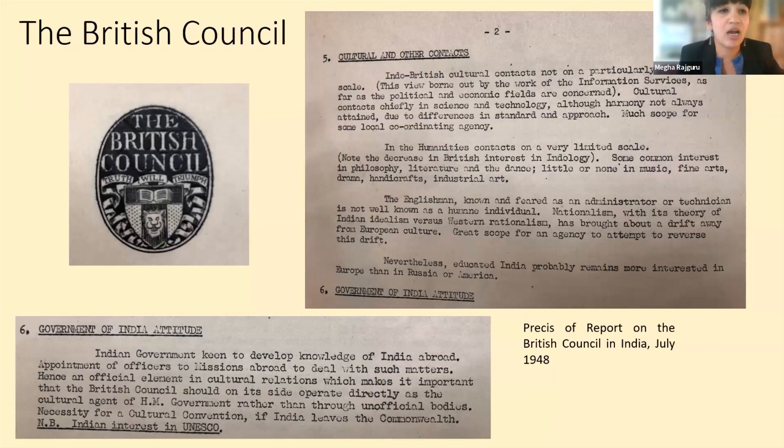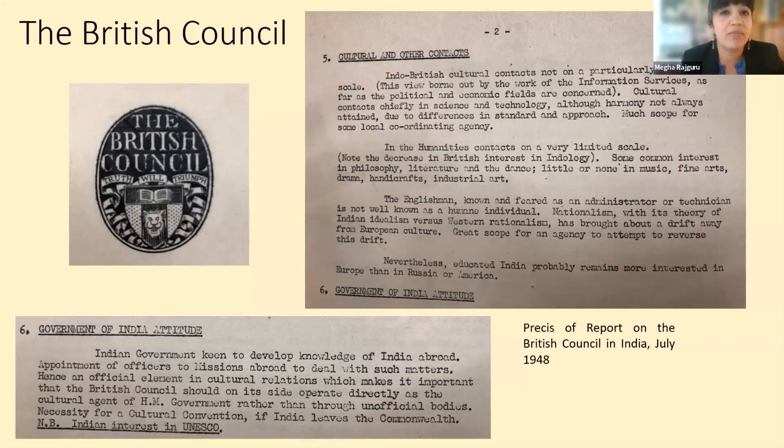Now, I just want to turn to some of these documents, which are the British Council papers. And here on the top right, we can see that there is a distinct mention that there is a real problem with Indo-British cultural connections.